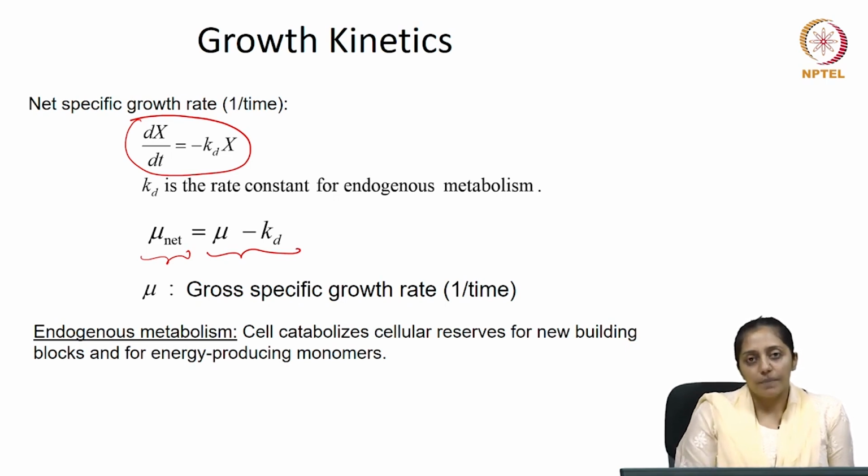So, in endogenous metabolism, to repeat, the cells start catabolizing the cellular reserves for new building blocks and for energy producing monomers. This is termed maintenance energy. If the maintenance energy is high, then the effect of Kd on the net specific growth rate will be significant enough that you cannot ignore it.